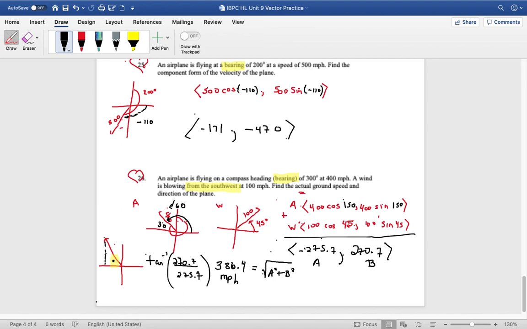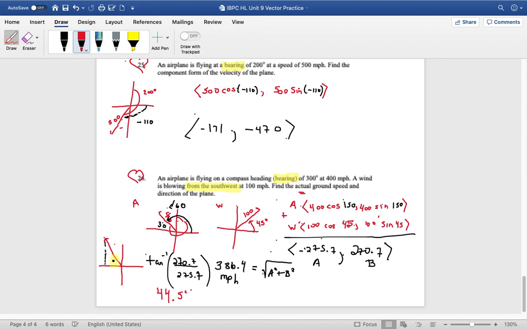And that angle was 44-ish degrees, which makes sense, right? So I got 44.5 degrees.